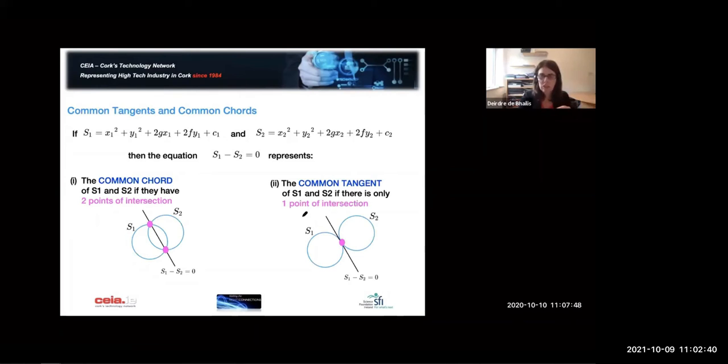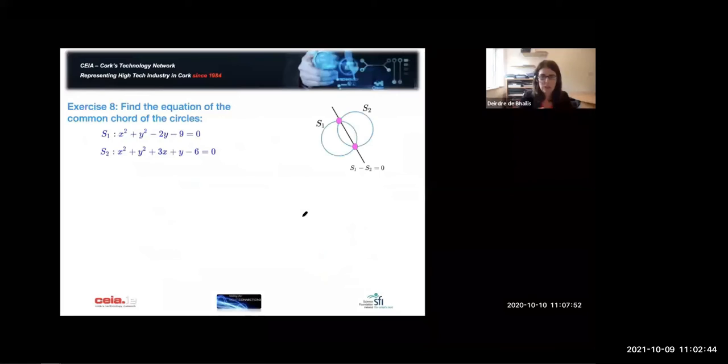Okay, this is useful information, but how does it work in reality? Again, we need to go into an exercise to see how this works. So this one, exercise 8, says find the equation of the common chord of the circles. So we have two equations, and if we're looking for the common chord, what we want to do is subtract one from the other.